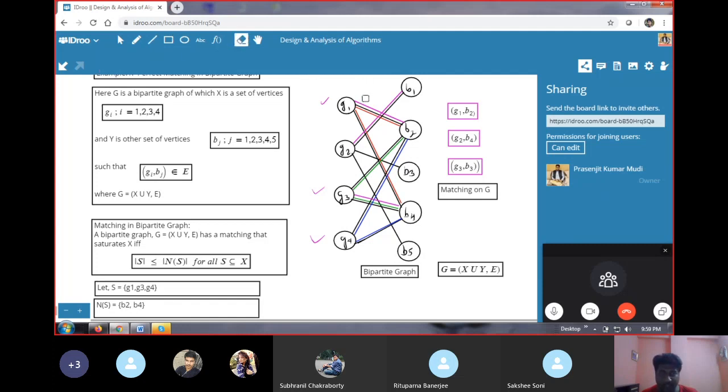Let's disconnect this. Let's assume B2 and B4. No, it's not possible. So B3, B5. B5 and B1 can take a single girl, G2, right? So that's fine. B2, B3, B4: G1, G3, G4.